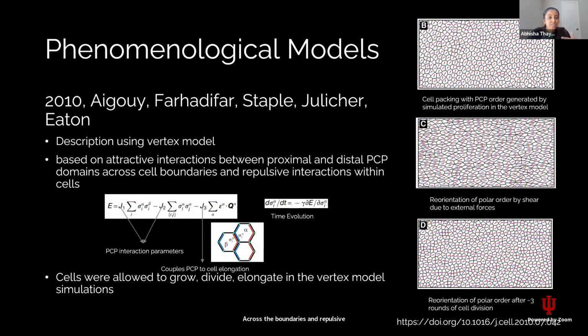So basically they have an energy function where the first two terms represent the PCP interaction parameters from the signaling pathway, and the third term represents the coupling of PCP to cell elongation. Cells were allowed to grow, divide, and elongate in these vertex model simulations. They found that oriented cell division along with cell elongation reorients PCP along the proximal distal axis.